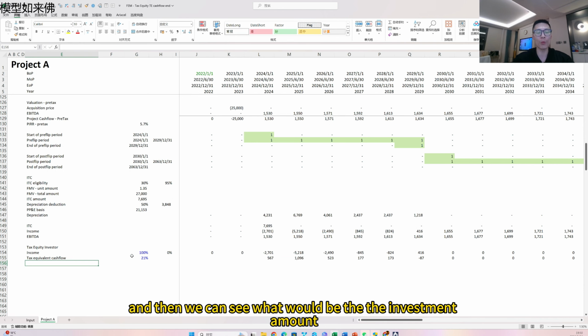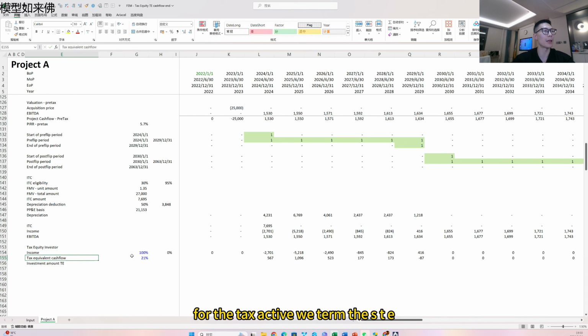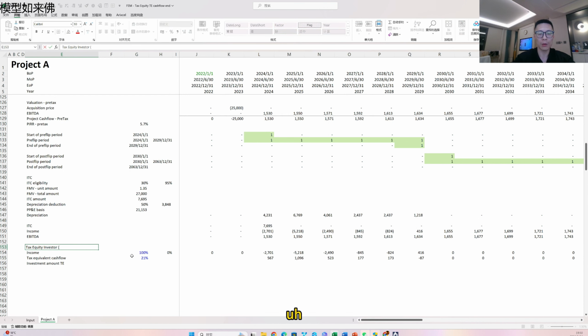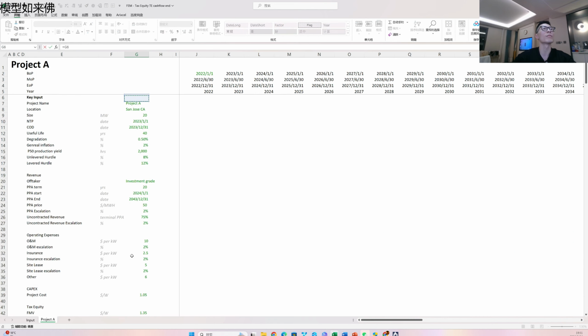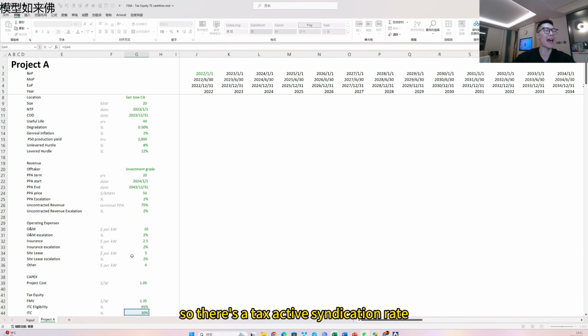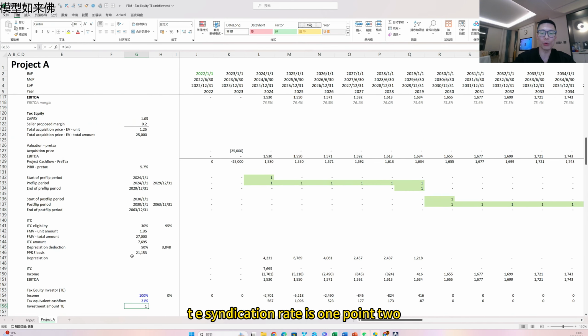And then we can see what would be the investment amount for the tax equity. We term it as TE. We'll put it here, and here I have missed. So there's a tax equity syndication rate. TE syndication rate is 1.2.